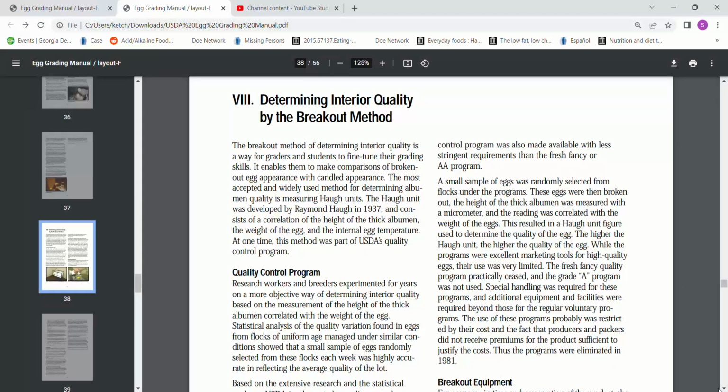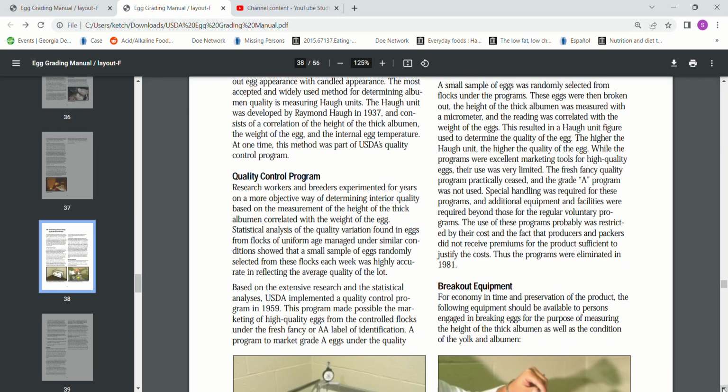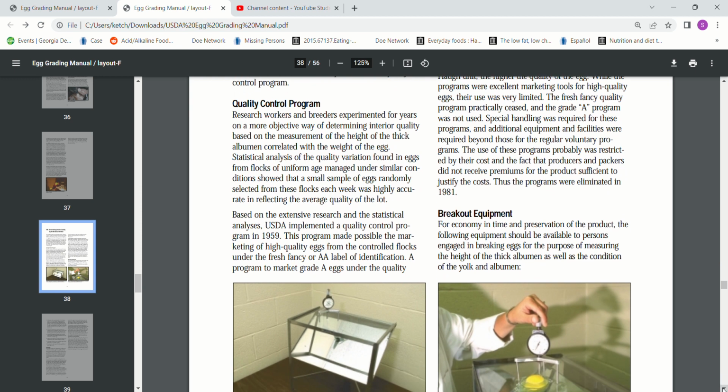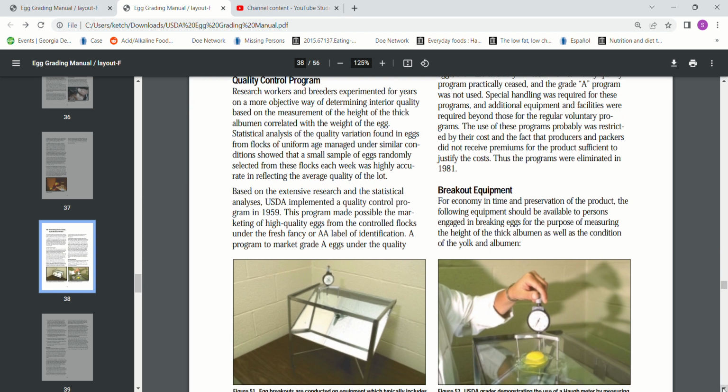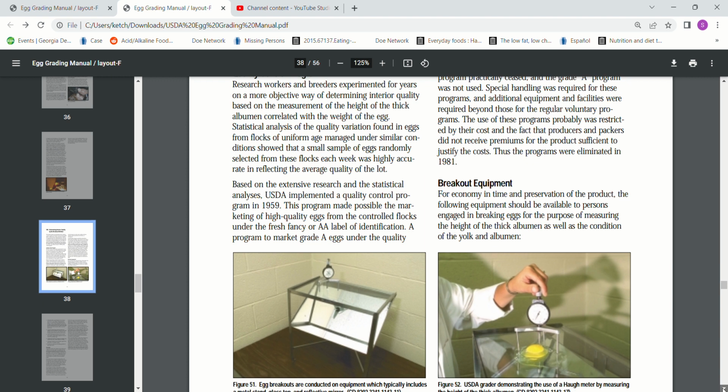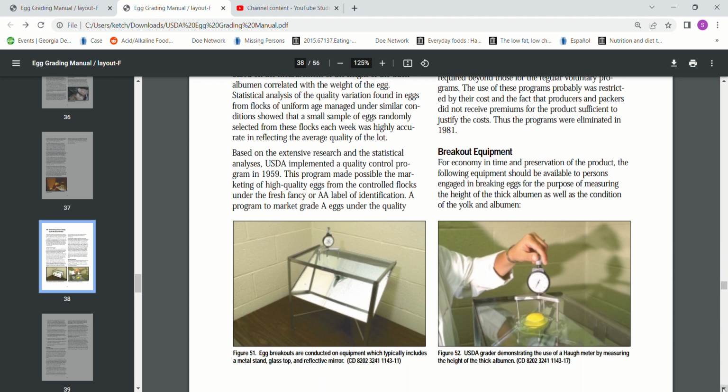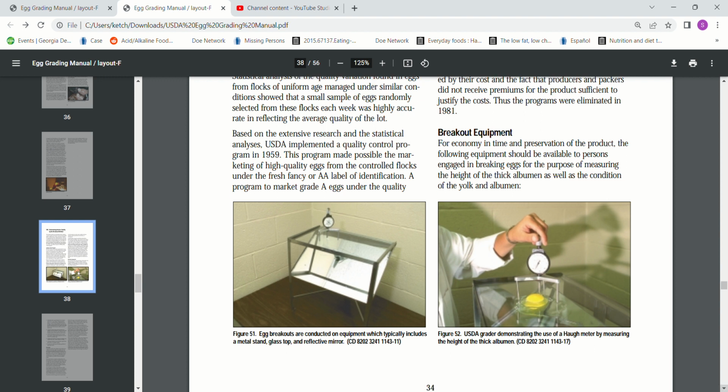Research workers and breeders experimented for years on a more objective way of determining interior quality, based on the measurement of the height of the thick albumen correlated with the weight of the egg. Statistical analysis of the quality variation found in eggs from flocks of uniform age managed under similar conditions showed that a small sample of eggs randomly selected from these flocks each week was highly accurate in reflecting the average quality of the lot.